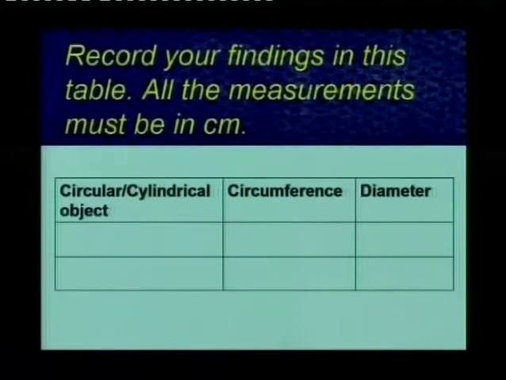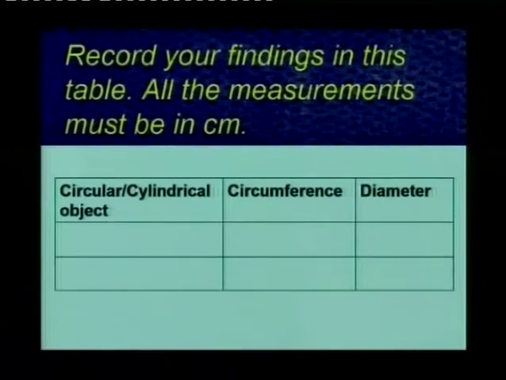Okay, the column where it says circular and cylindrical objects, the first column, under that, you write down the name of the circular object that you have and the cylindrical object that you have. Is that clear?